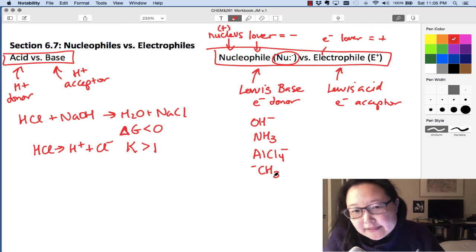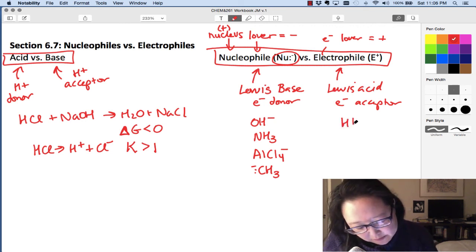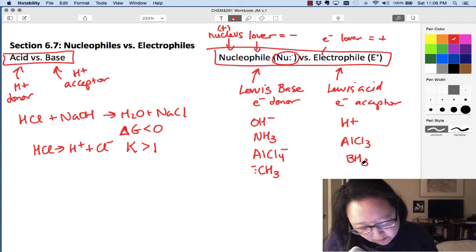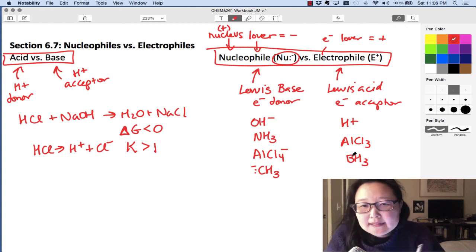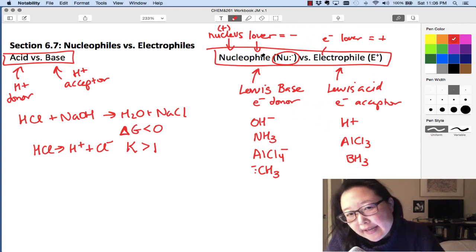These are going to be electron pair donors. And then electron acceptors are going to be the same types of things we saw before, so H+ certainly, but you can also get things like AlCl3 or BH3, or any kind of molecule which can accept an electron pair. Now, what does this have to do with kinetics?